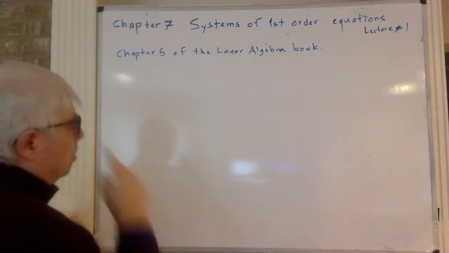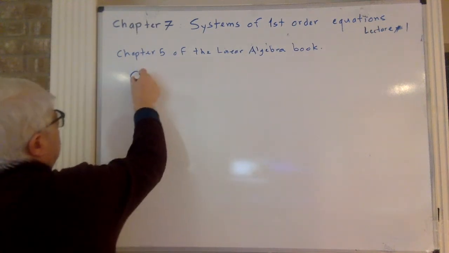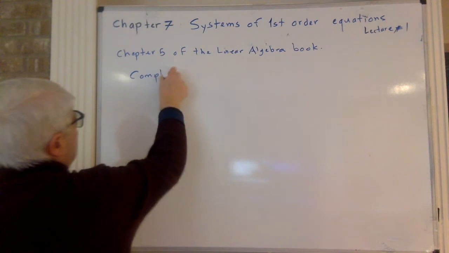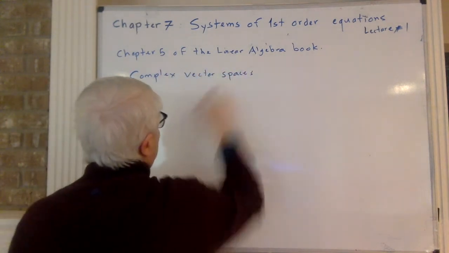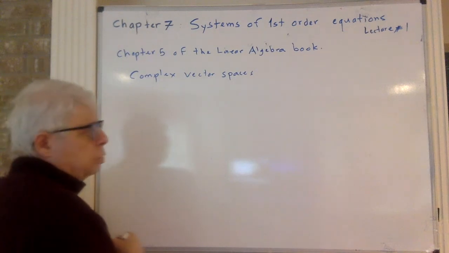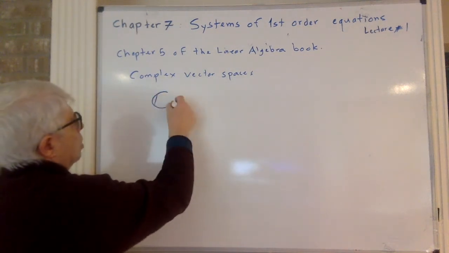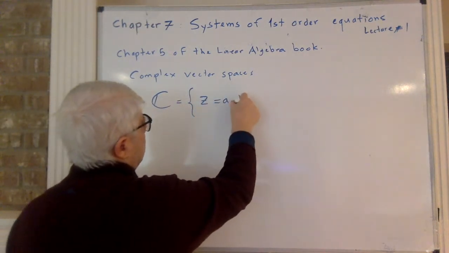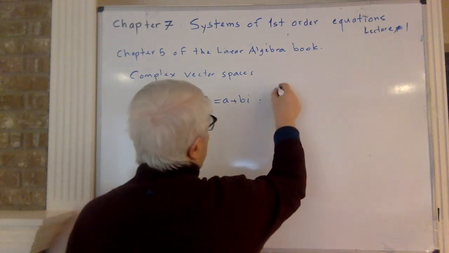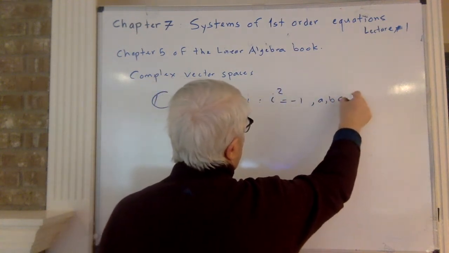So, first of all, when we talk about vector spaces, we might have complex vector spaces. So for complex vector spaces, we deal with C, which is complex numbers. C is Z, which is a plus bi, and i squared is -1, a and b are real numbers.